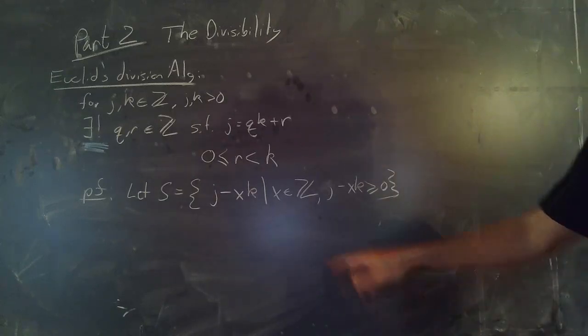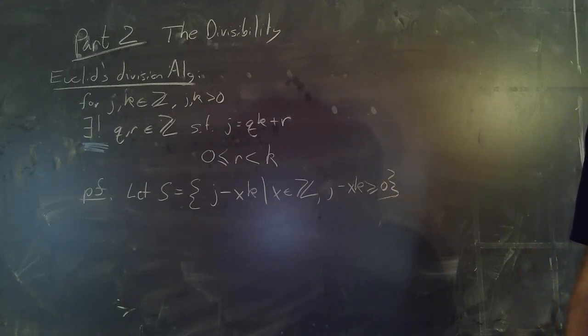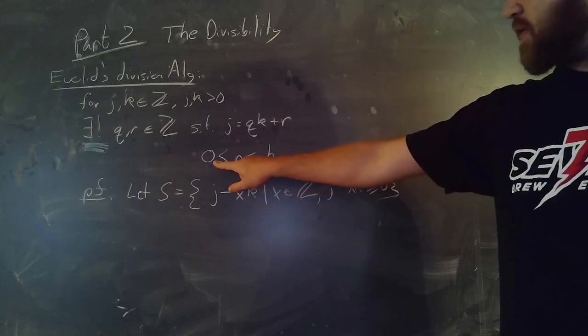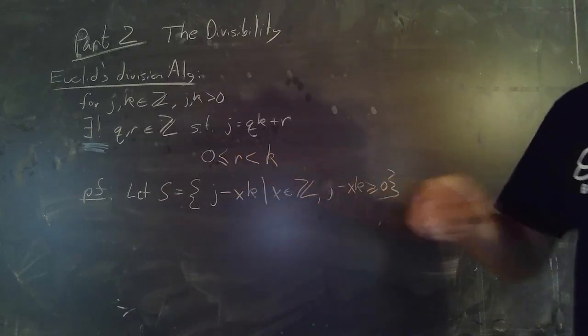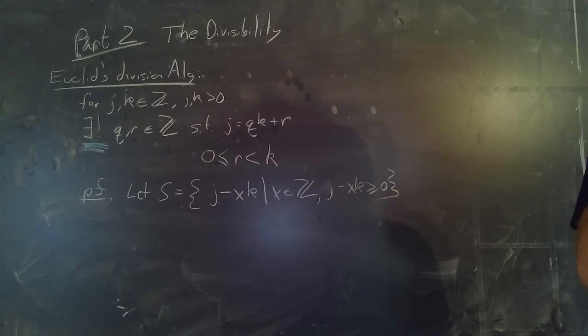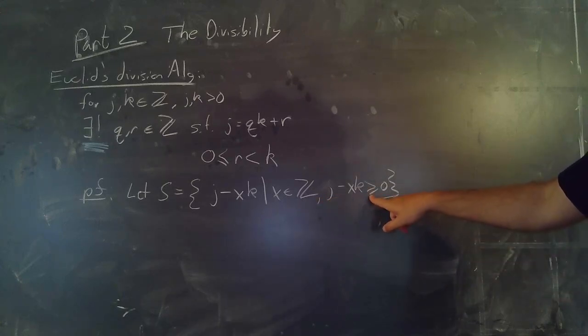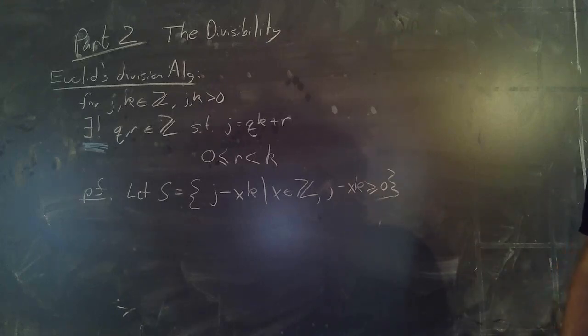First off, if we call this object j minus xk equal to r, then we know that r must be either greater than or equal to 0, but less than k. Now, of course, we have that 0 is less than or equal to r, because by construction, r being an element of this set, we've shown that it must be either greater than 0 or 0.